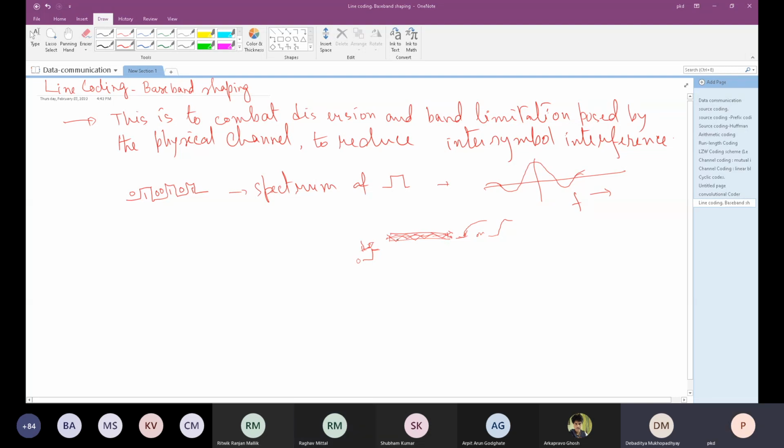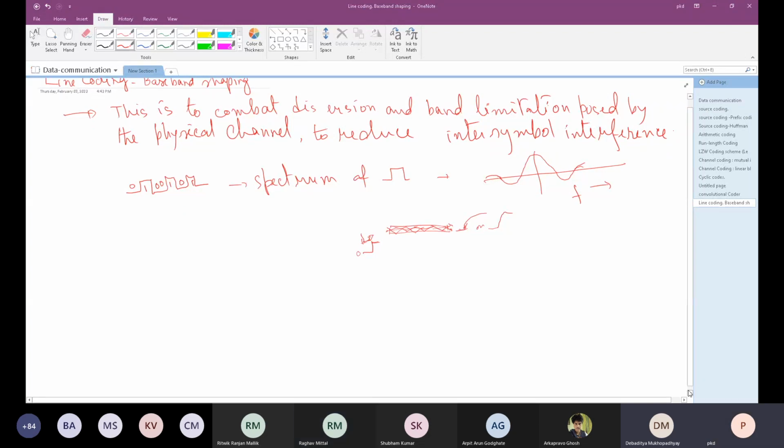There could also be dispersion due to the material, because material always has some defects, and all those defects will cause some scattering, so there could be material dispersion. Overall there could be some dispersion causing this, so the basic shape may not be intact at the receiving end.